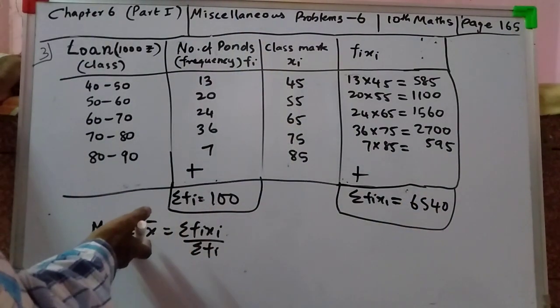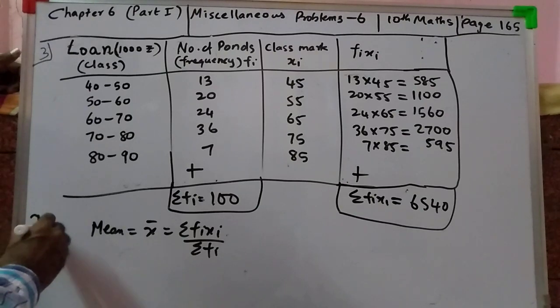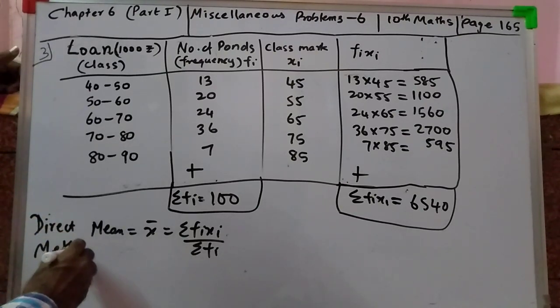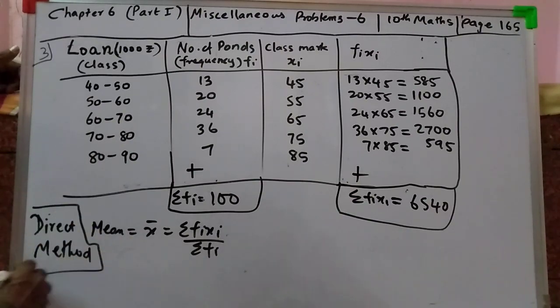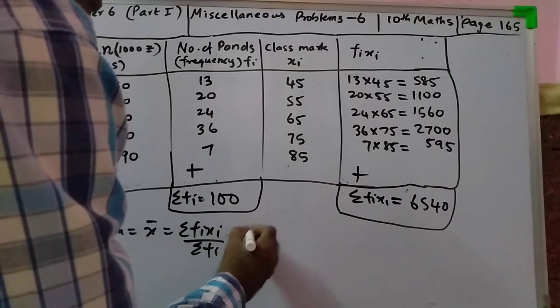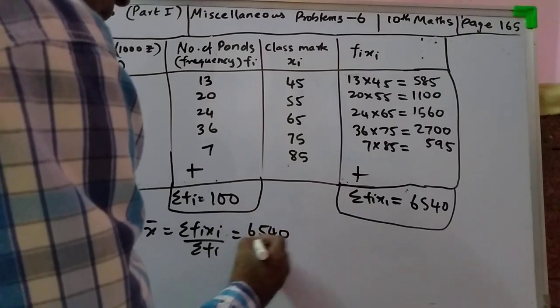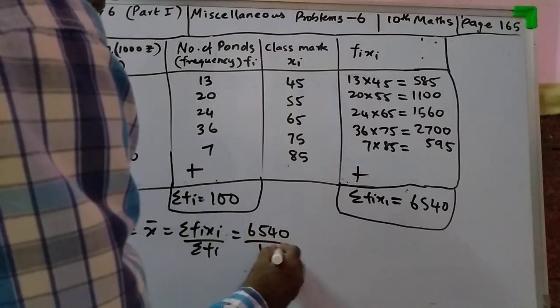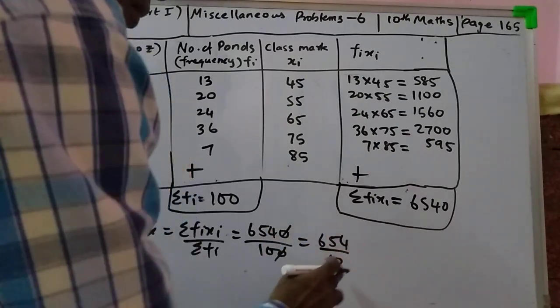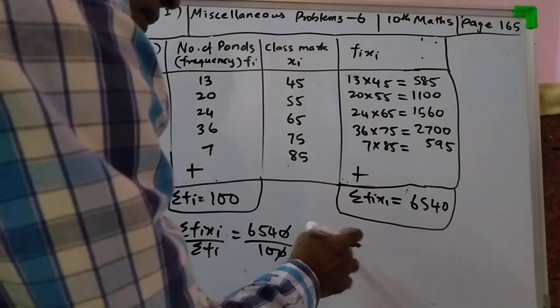Now put it in the formula, direct method. Summation of fx is equal to 6540, divided by 100. Cancel this. Divide by 10, because 0 is there, the point will come here.